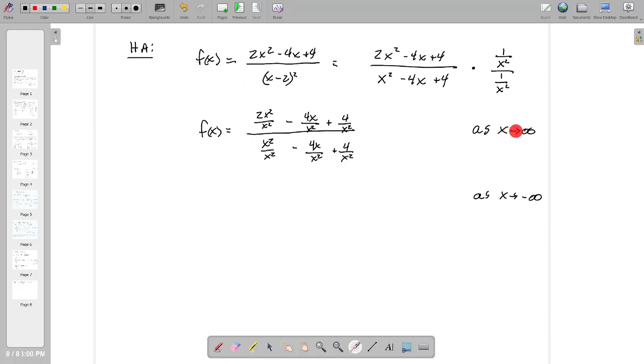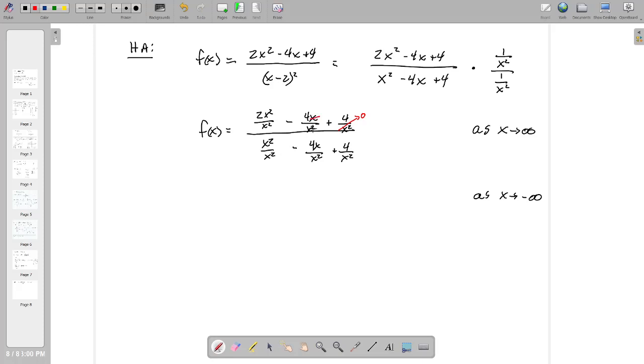If we let x go to infinity, it's the same thing as saying that x is going to become arbitrarily large. So if we let x become arbitrarily large, we would have 4 divided by an infinitely large number, which means that this fraction is infinitely small. So as x is going to infinity, this term is going to 0.